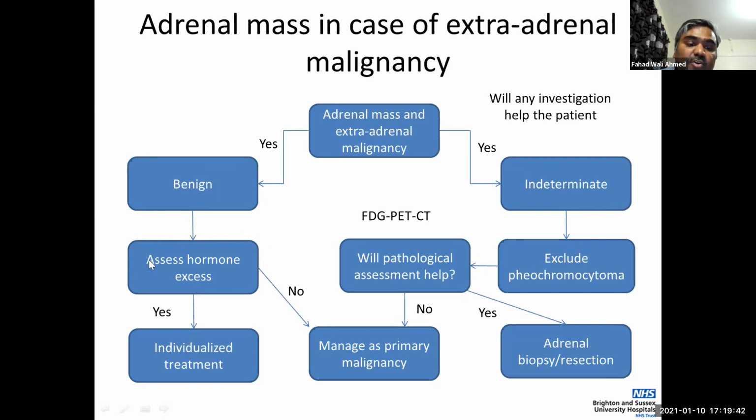If it's benign, then we go for the hormone evaluation, and based on that, we manage the patient. If the lesion is indeterminate, we rule out pheochromocytoma. We either go for FDG PET, or do we need to do any histology or not? And is it going to be helpful for the patient to do all these investigations? Either we offer resection, or we manage it as a primary malignancy, depending on the patient's condition.